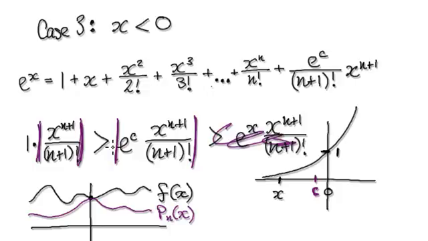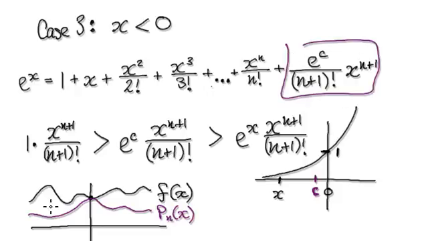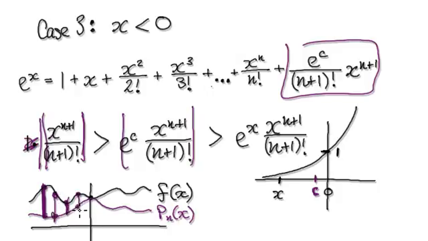We need to look at the absolute value of this thing here, because the remainder is really the magnitude here. So by looking at the absolute value, you're really looking at the magnitude, the gap in between these two.